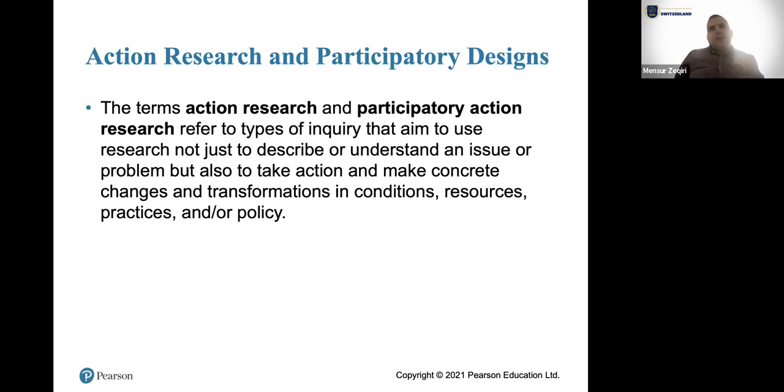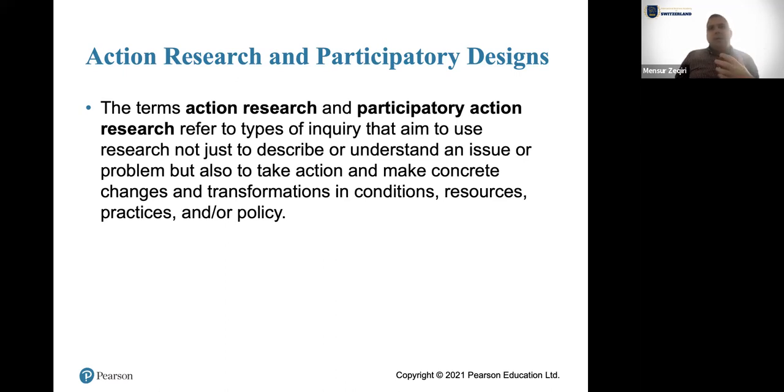So these action-oriented models, these tend to be highly collaborative and do challenge traditional divisions between the researcher and the research. Because in action research and participatory action studies, these researchers are, in most of the cases, the members of the group that is being researched.